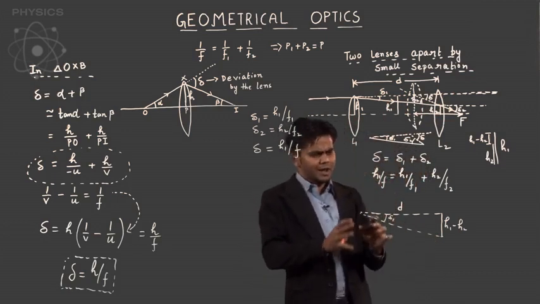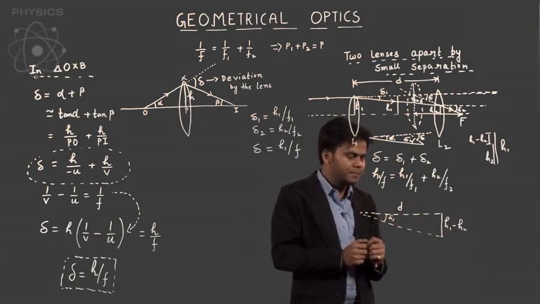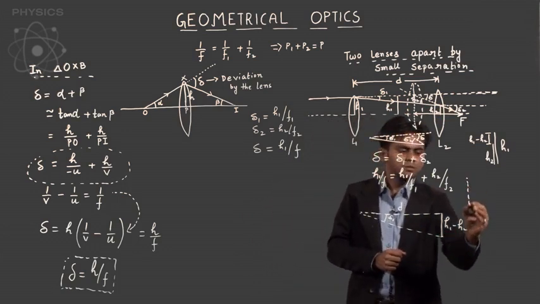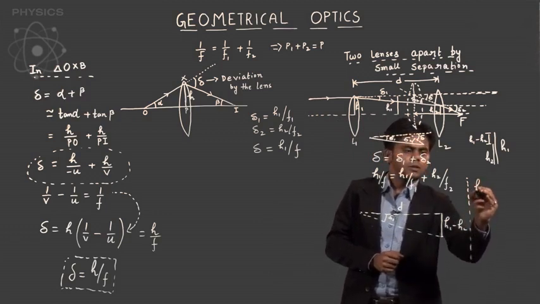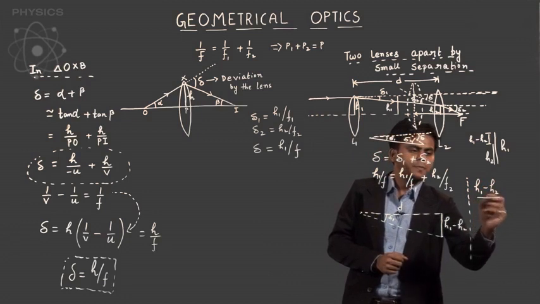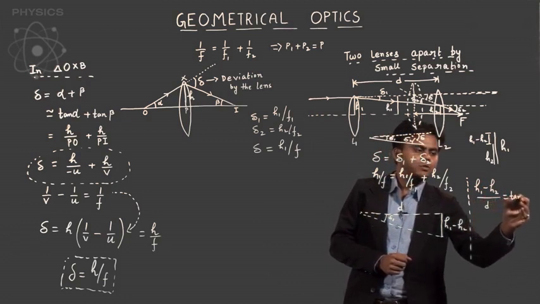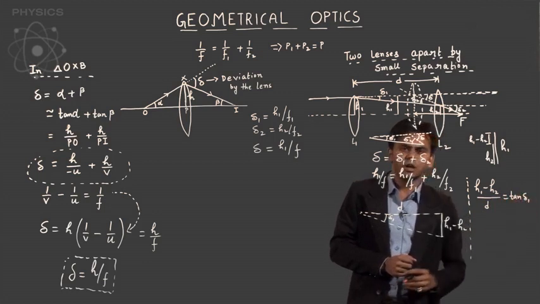So, by all logic, this upon D is your tan delta 1. So, H1 minus H2 upon D gives you tan delta 1.